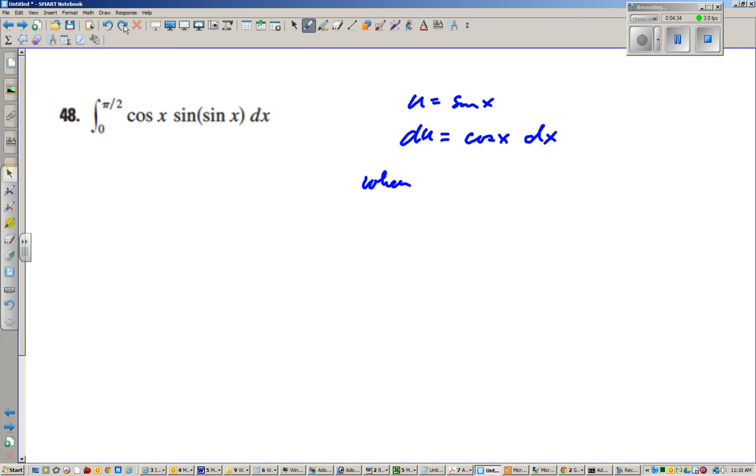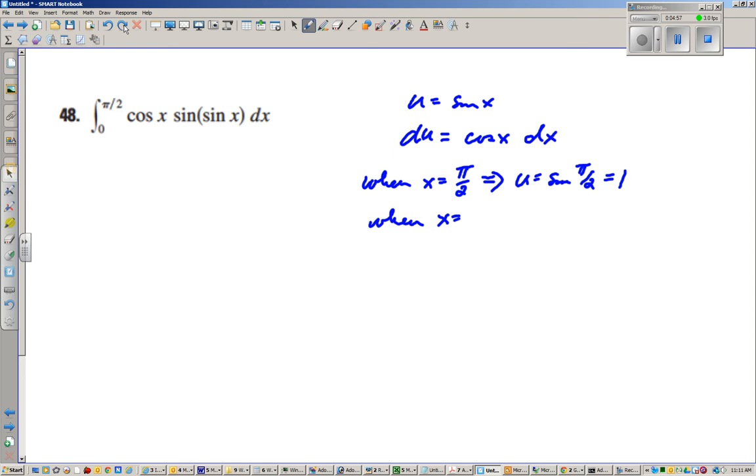My upper limit, in the x problem, is pi over 2. Well, in a problem written in u, using that opening substitution, I can see that u would equal the sine of pi over 2, and the sine of pi over 2 is 1.